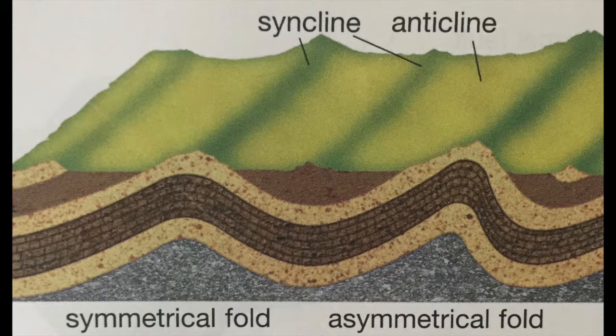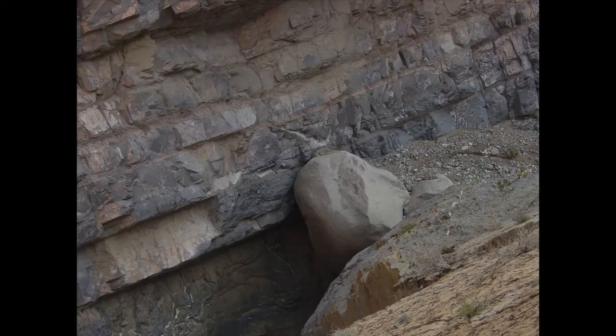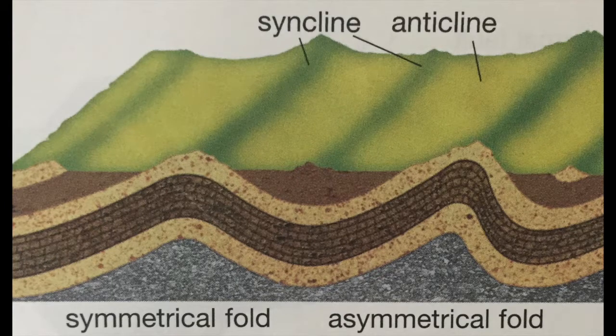The upward or top part of the folded rock is called the anticline. The bottom of the fold is called the syncline. Over time, both of these can erode, but the folded layers still indicate what has happened.